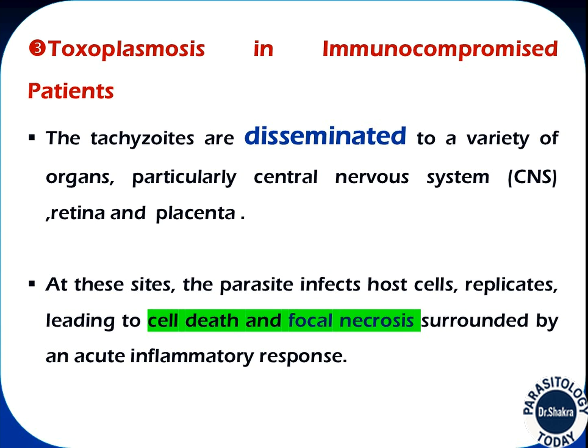Inside these tissues, the parasite invades host cells, multiplies, and causes cell death and focal necrosis, surrounded by an acute inflammatory reaction. This localized tissue destruction is what gives rise to the clinical manifestations we'll see shortly.